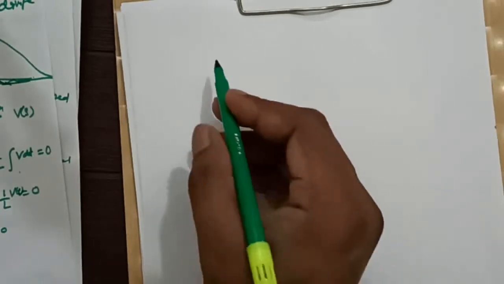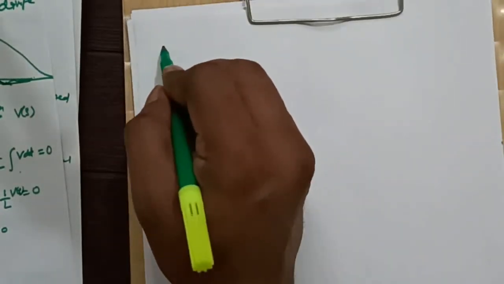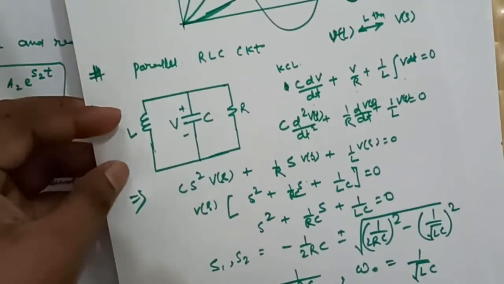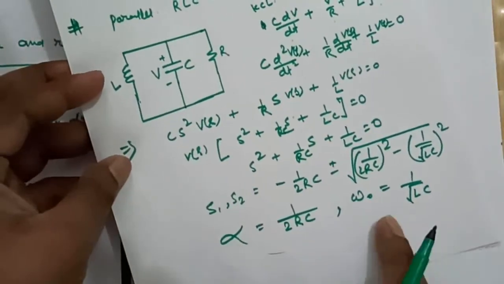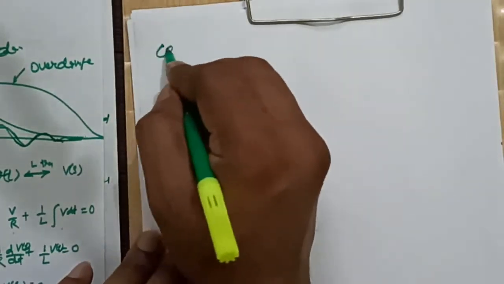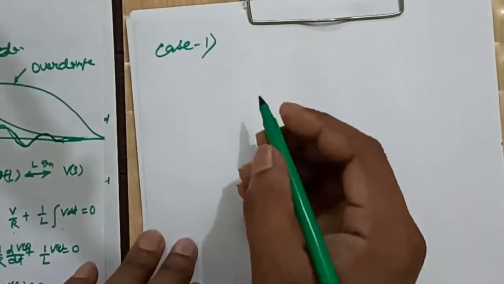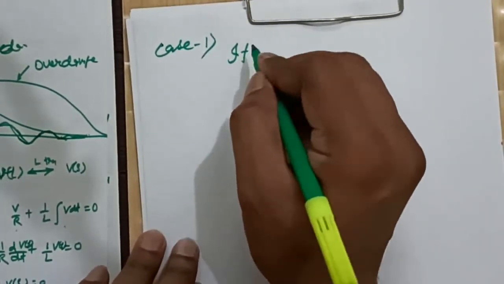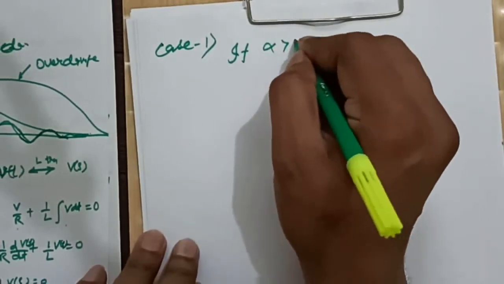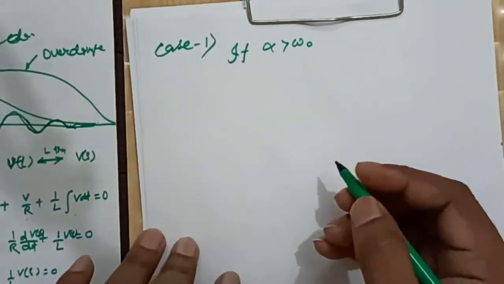Same as the previous one, there will be 3 cases depending on the magnitude or the value of alpha and omega naught. Case 1, if alpha is greater than omega naught.